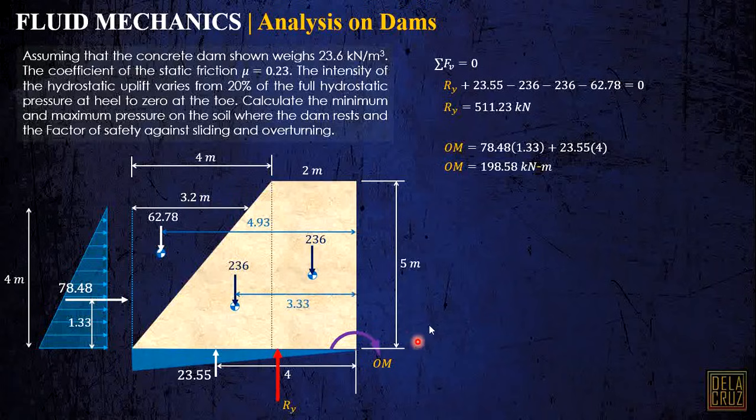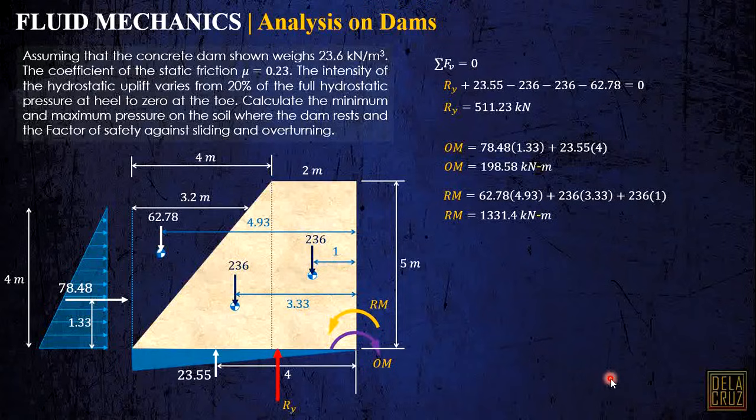This one is 1/3 of 4 meters plus 2 meters, and that is 3.33. And this one here, of course, should be half of 2 meters. Take note, this is a rectangle, so that is 1 meter. And that's how we can calculate the righting moment. In this case, that will be counterclockwise. That will be this one times its moment arm plus this W2 times the moment arm 3.33 plus this one times 1 meter. And that is the righting moment.